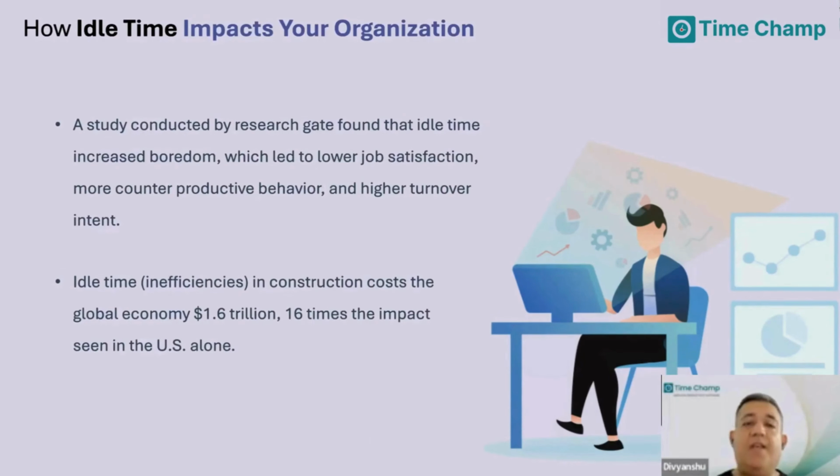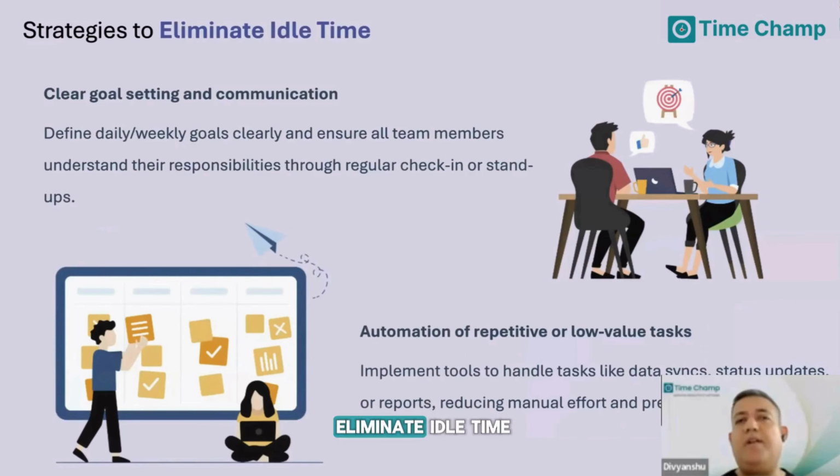Those were the impacts, and how idle time can play a role in your organization. Let's look at some strategies to eliminate idle time. These are some strategies which I could find, and we think they may be helpful. Clear goal setting and communication, absolutely necessary.